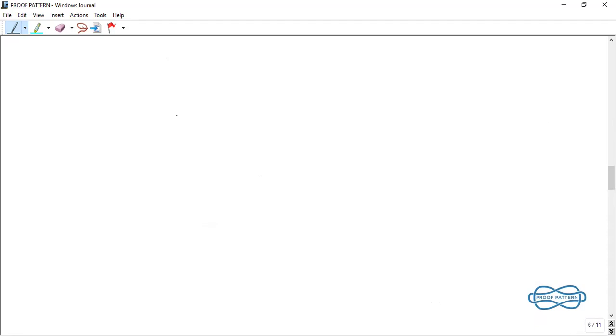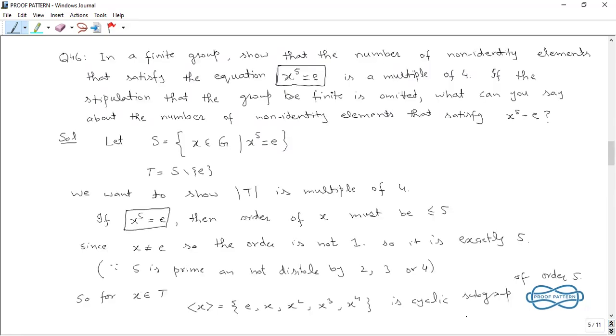Okay. It contains exactly 4 non-identity elements. We are actually talking about this set. This set contains 5 elements, but one element is identity.